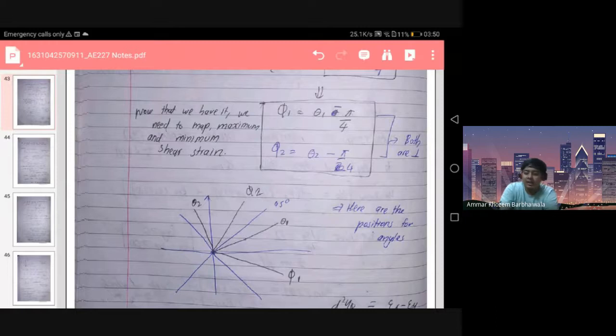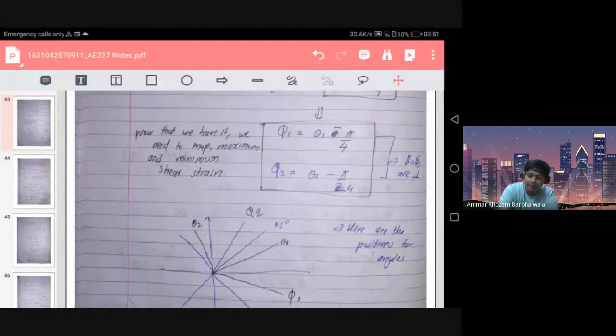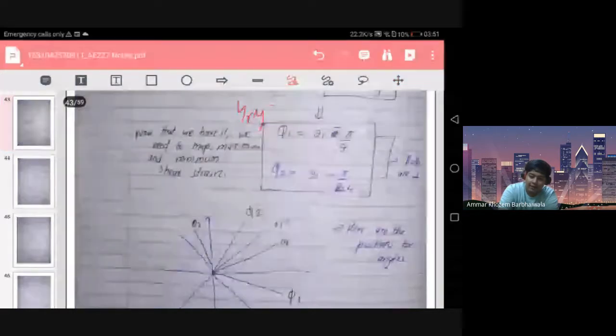Theta 1 is the direction where normal strain was maximum, so theta 1 minus pi by 4, which I denote as phi 1, is where the engineering shear strain gamma xy would be maximum. Gamma xy would be minimum at angle phi 2, which corresponds to theta 2.